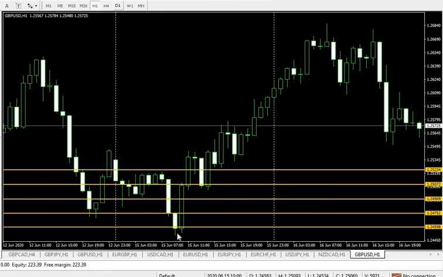The market has been placing buy 1, buy 2, buy 3, buy 4, buy 5 at the same lot size. Let me give you again. Lot size here is 1, 1, 1, 1, 1 lot.